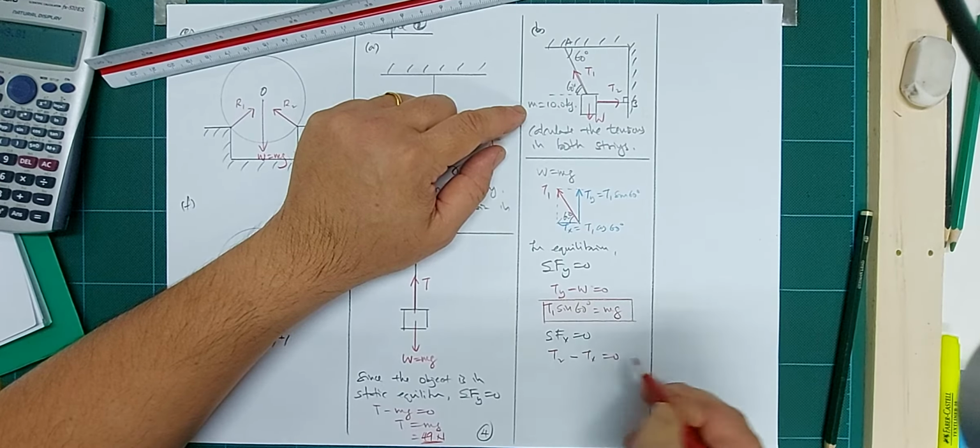Now we need a second condition. The total torque is equal to 0 at any chosen point. When you choose a point to calculate your torque, it must be a strategic point.